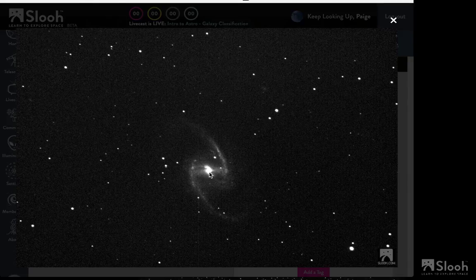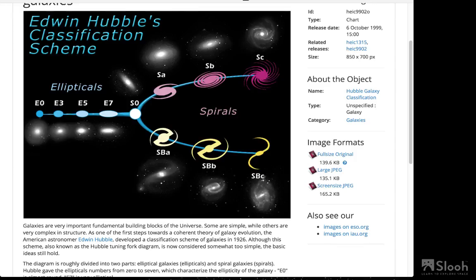And you can see two little teeny spiral arms trying to come off of it, but then right through the center is this big, big bar. And then we have two huge spiral arms coming off of it. And so what's fun to do is to look at something like this and then pop back over to your tuning fork and try to decide what it is.